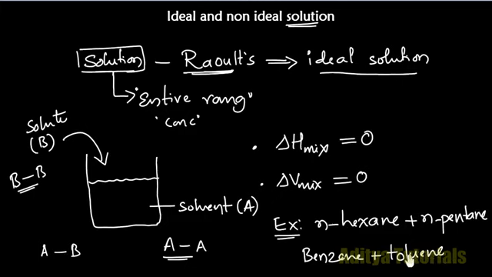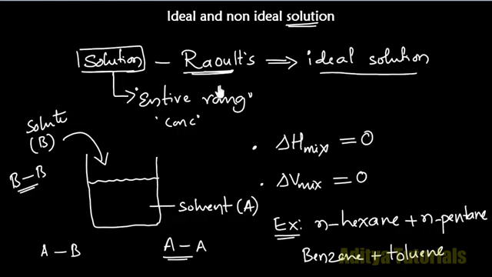You can also write chloroethane and bromoethane. Chloroform or dichloroethane are some of the solutions which are not ideal, but they behave somewhat like ideal, near to ideal behavior. They obey Raoult's law at certain concentrations.